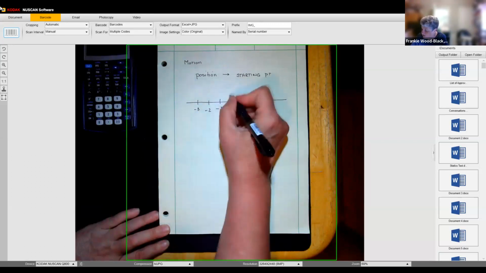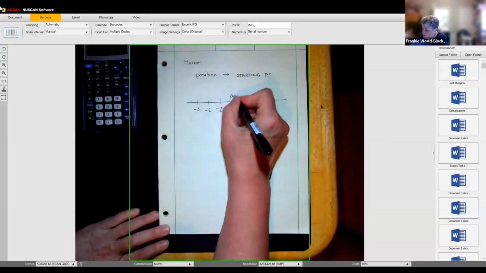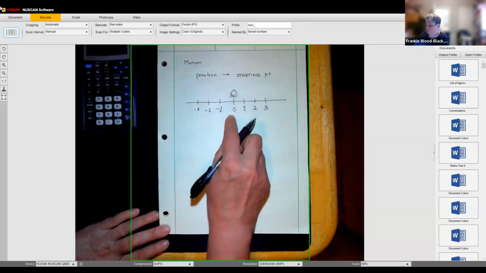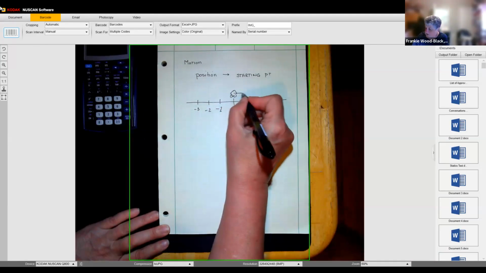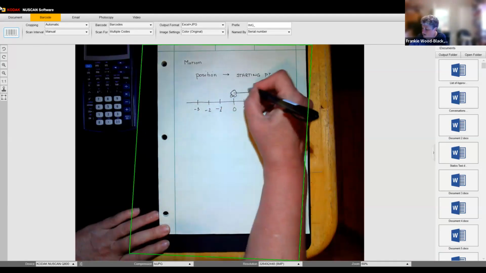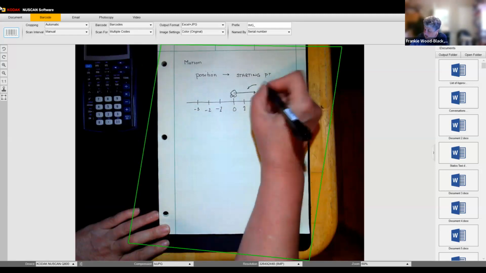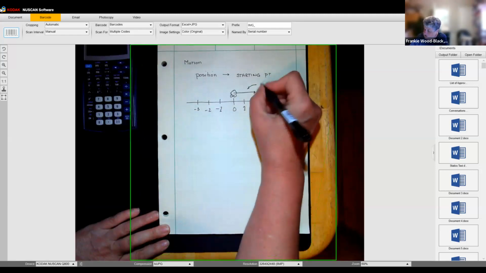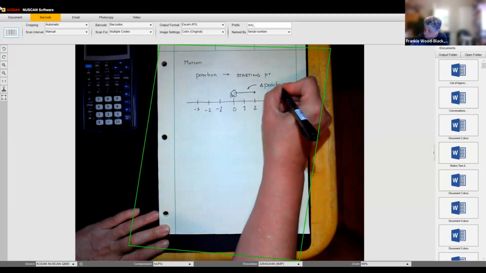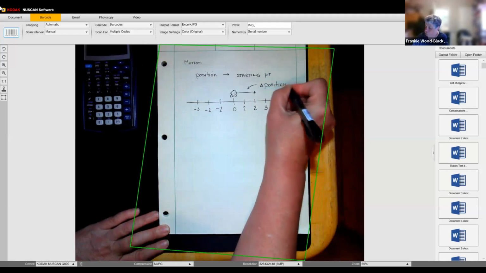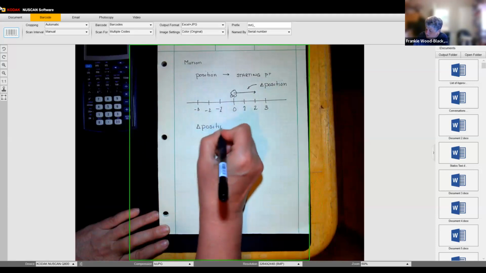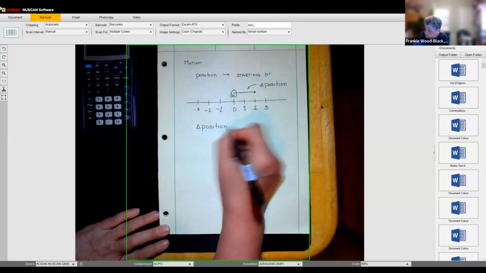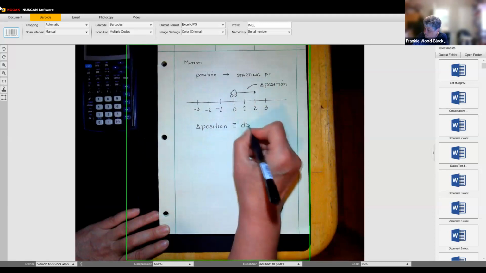So if I have a little car and I've got my starting point at 0, and I'm going to move to a new starting point, I'm looking at a change in position. And my change in position, we're defining as displacement.